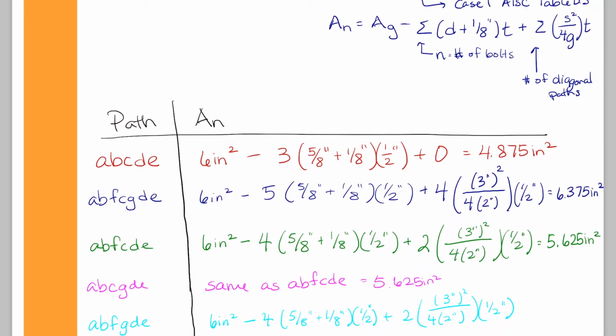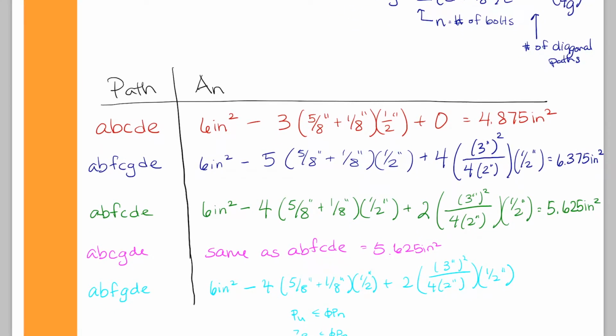And so what does that mean? Well, in our design equation, we say that P sub U has to be less than phi Pn. But now we're only carrying 7/8 P sub U. So if I want to compare net areas to each other, I need to keep my load constant.